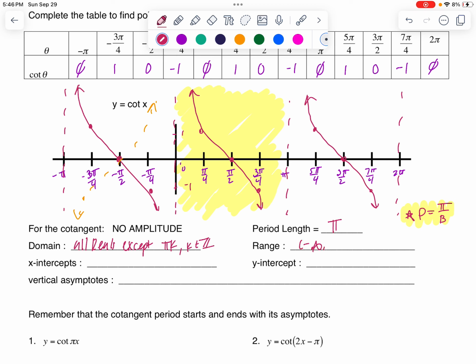Range is negative infinity to infinity. The x-intercepts are pi over 2 plus pi times some number of k, where k is in the set of integers. Y-intercept, there is none. And then the vertical asymptotes, when we have x is equal to pi times k, for some k in the set of integers.